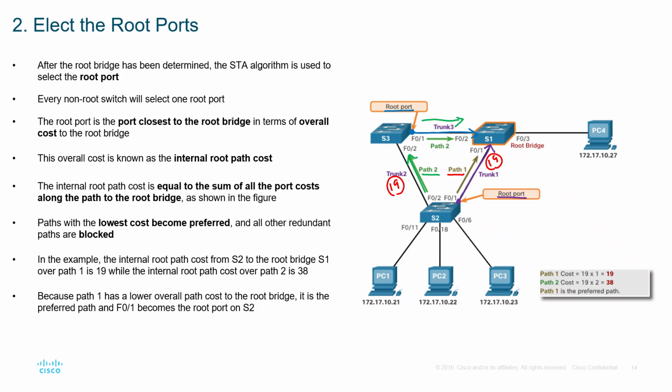That would be a cost of 38. So with that in mind, because path 1 has a lower overall path cost to the root bridge, it is the preferred path, and F01 becomes the root port on switch 2.